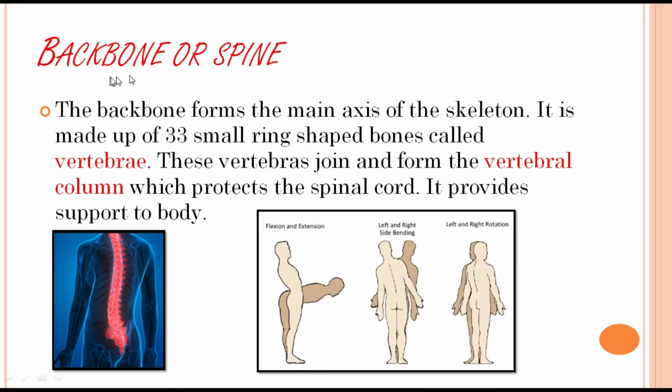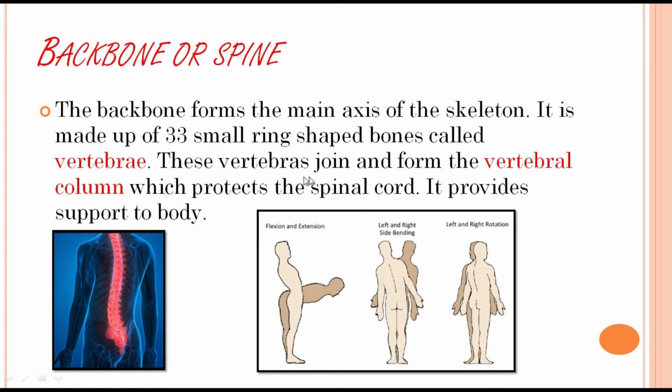Now the backbone or the spine. You know that the backbone forms the main axis of the skeleton, means it is the main part of our skeleton system. You can see this is the backbone. It is made up of 33 small ring-shaped bones called vertebrae. Means, see, these are the 33 small bones which are known as vertebrae.